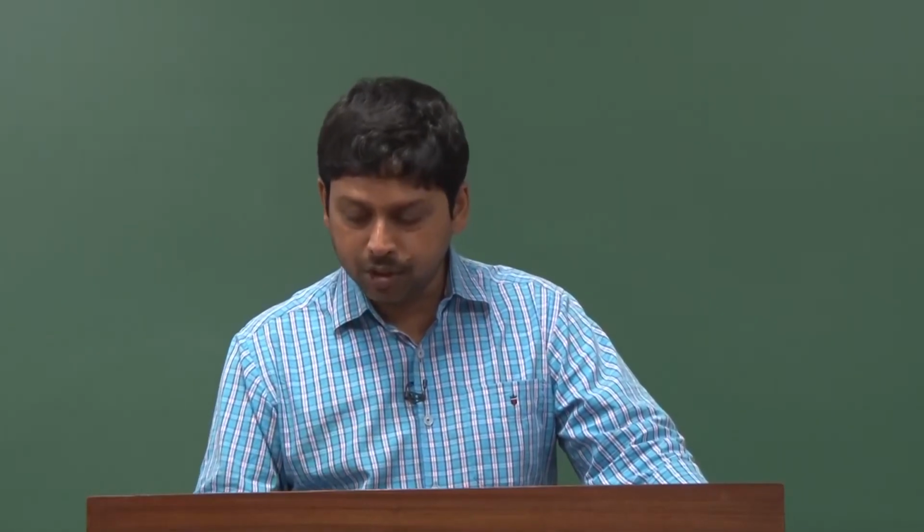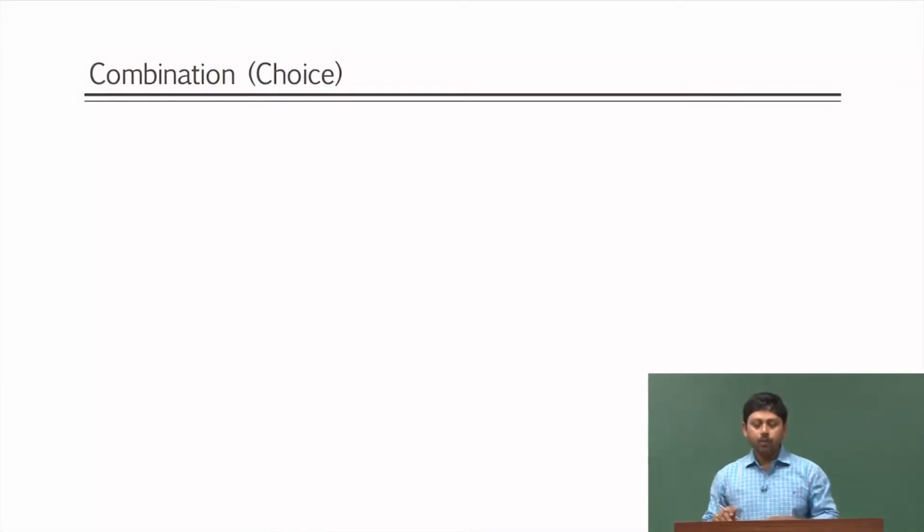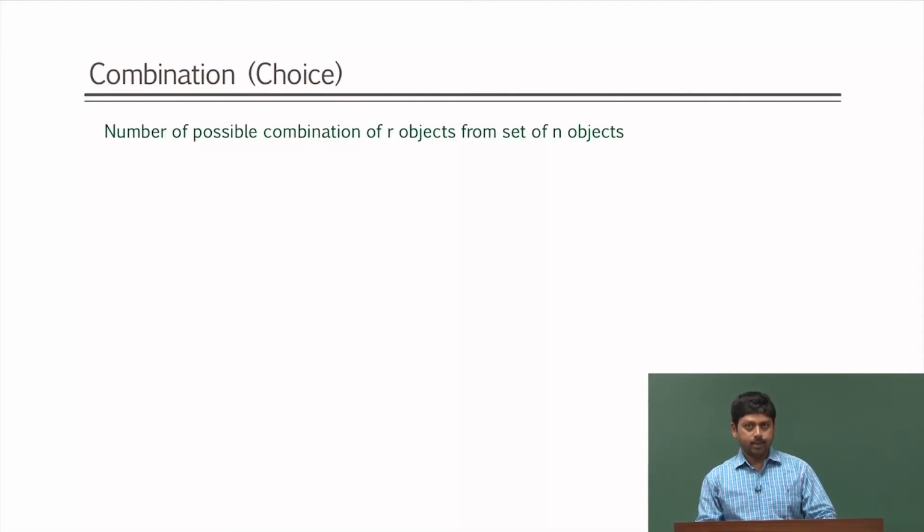Now we will switch to more than one ball in a box. Till now we were concentrating on one ball in a box, but we are still talking about distinguishable particles. Now we will see that if we have more than one ball in a particular box, then what kind of situations we will get. It will be something called combination rather than permutation, and combination is a choice, we have to choose.